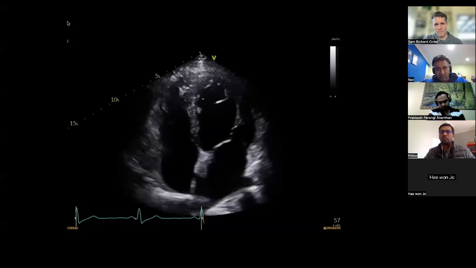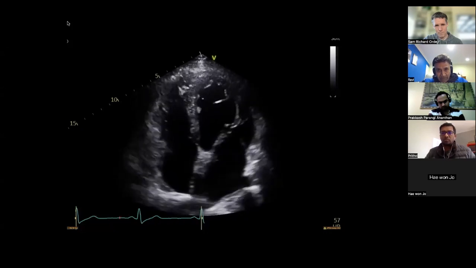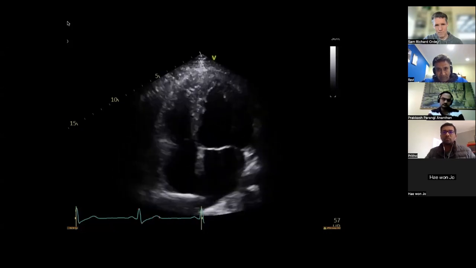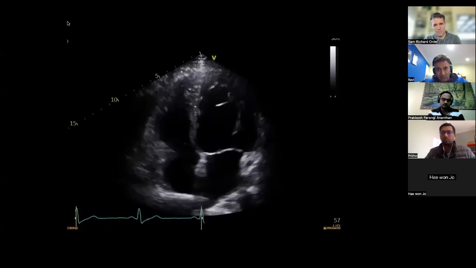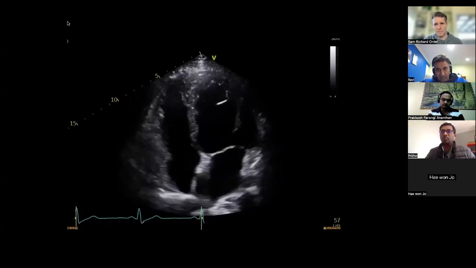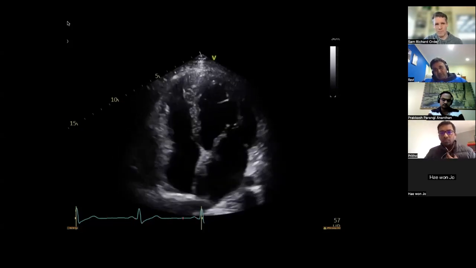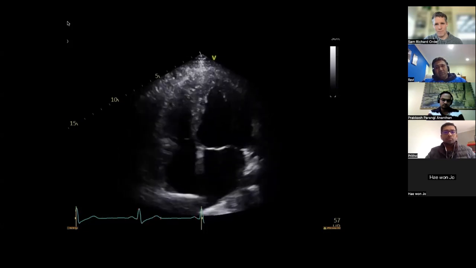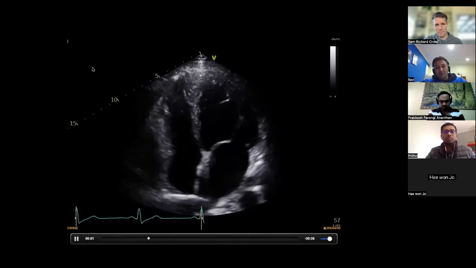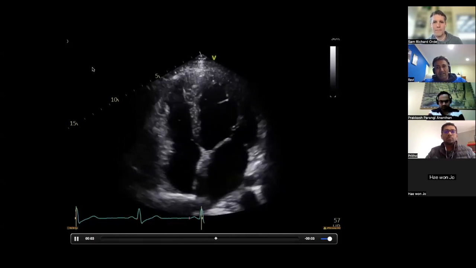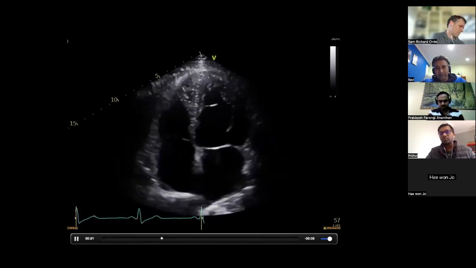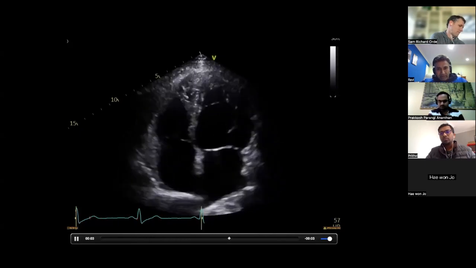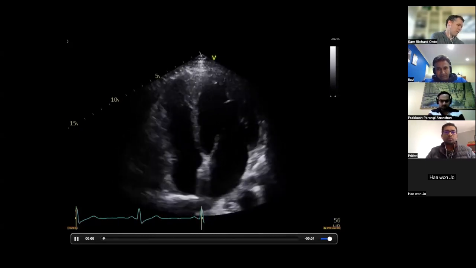And the inferoseptal wall also appears a bit thinned out. Apical wall is contracting well. Even the basal anterolateral wall appears slightly hypokinetic. Happy to move on? Yeah.